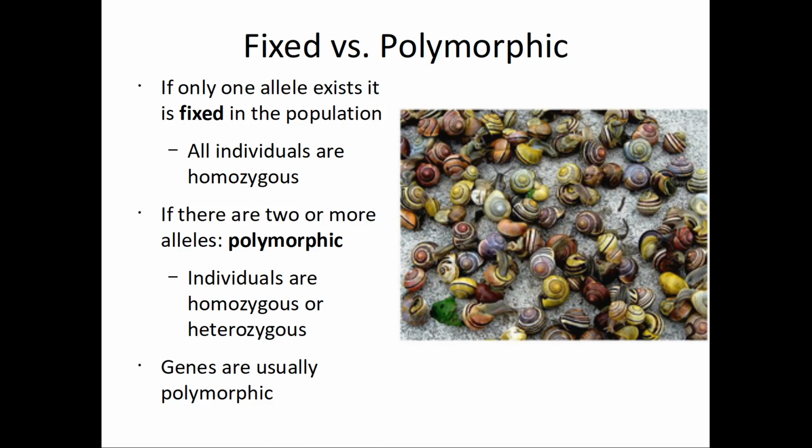All right, fixed versus polymorphic genes or alleles. If only one allele exists, it is called fixed in the population. In other words, there is no alternative allele that could potentially become more prominent, more popular. All individuals are homozygous for that particular trait.